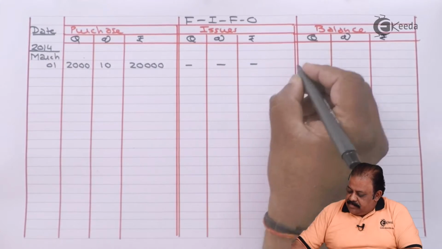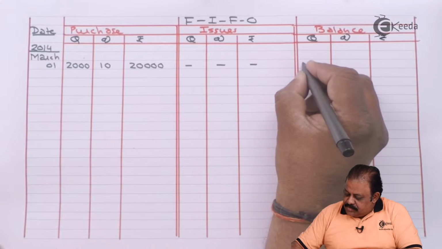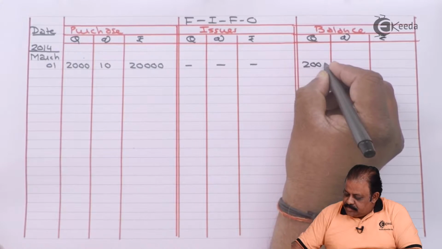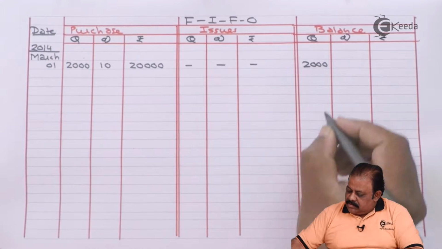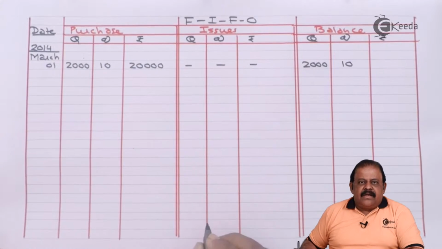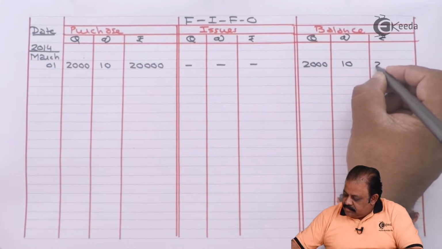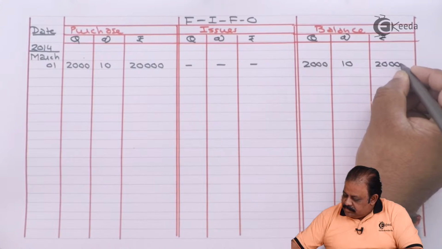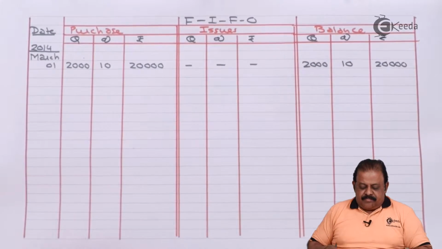So balance will be 2000 units at the rate of 10, 20,000.